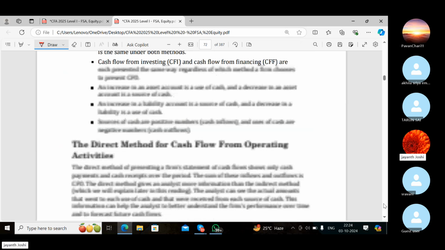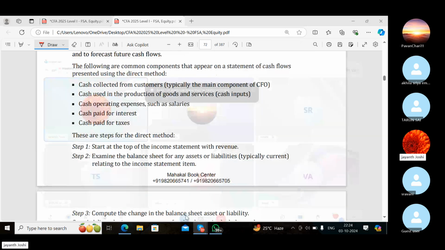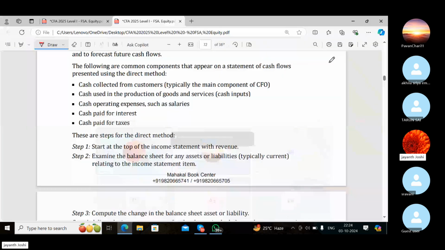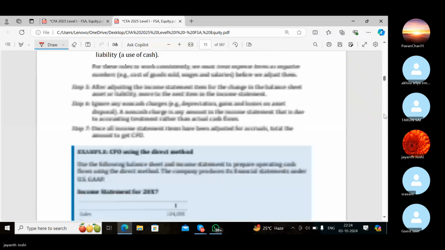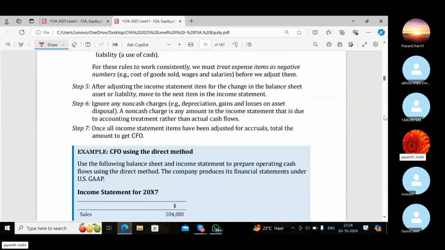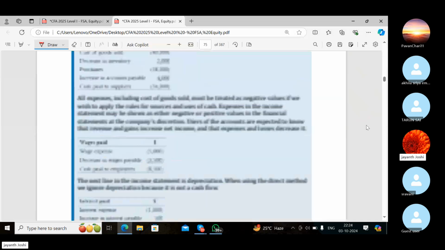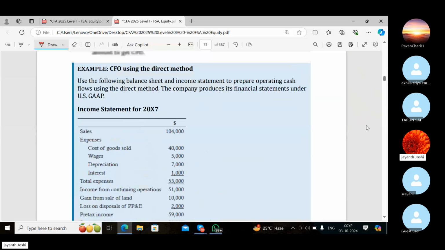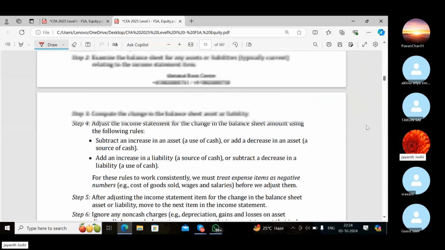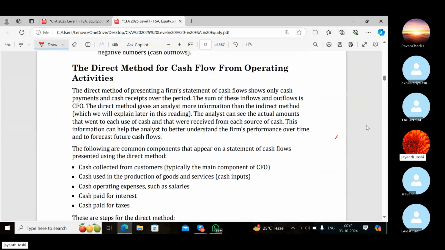Now we will discuss the next topic which comes here, the direct method, which we are supposed to do. We will see what comes under the direct method. Okay, direct method for cash flow from operating activities.